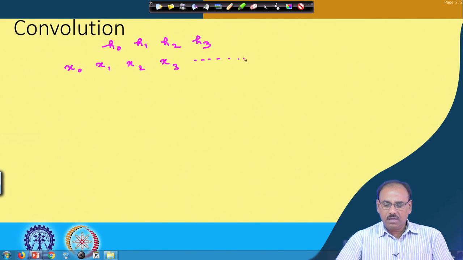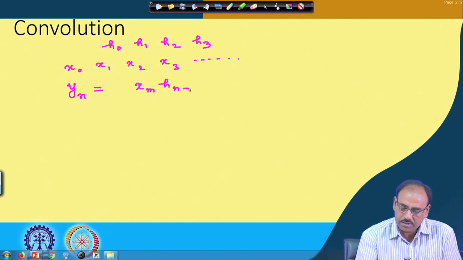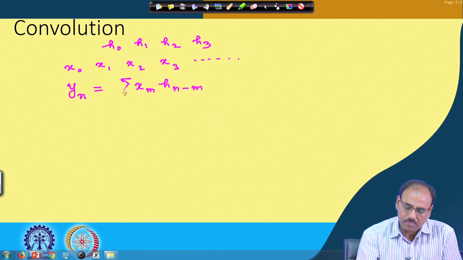Given this input signal and the impulse response, the output of the system is given by y[n] equal to summation of x[m] h[n minus m], with m varying from 0 to infinity.